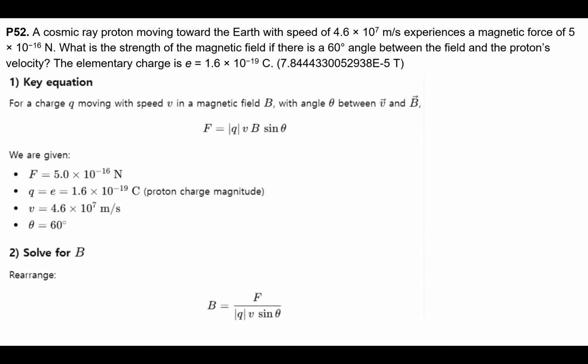Okay, so we will use the formula that defines the magnetic force for a moving charge in a given magnetic field. In vector form, F = qv × B, so the magnitude is qvB sin θ. The speed is given.